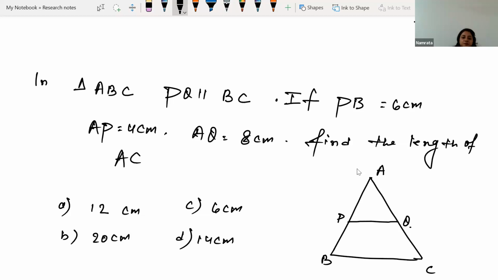What to do over here? In triangle ABC, PQ is parallel to BC. PB is given as 6 centimeter, AP is given as 4 centimeter, AQ is given as 8 centimeter, we have to find AC. How to find AC over here?